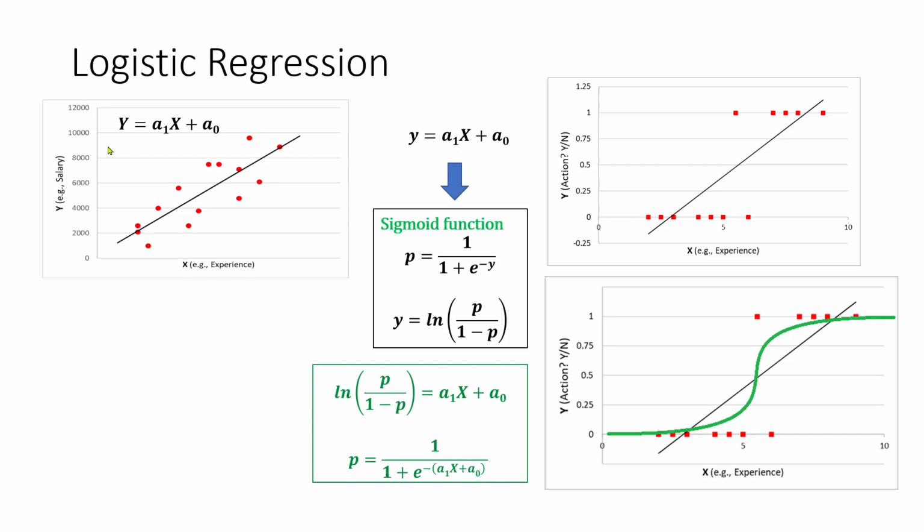Remember we were talking about regression for numeric prediction. In that case we had experience as our input variable, or predictor. We're going to use it to predict salary, which is also, in this case, a continuous variable. If we plotted our observations, it would look like this.